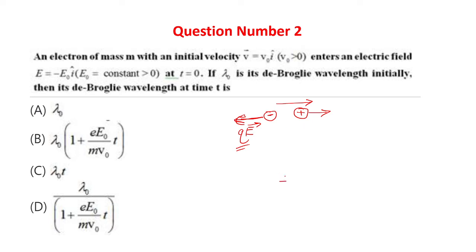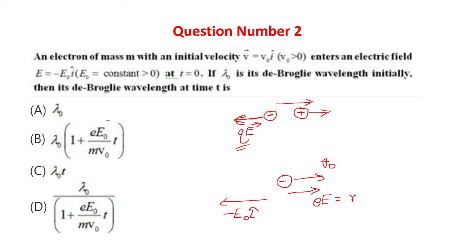So velocity of the electron was already along positive x-axis, whereas electric field applied is along negative x-axis, which means the force on the electron, Q into E, would be opposite to the direction of electric field, and that force would be equal to magnitude of charge, e, into strength of electric field, capital E. So this much force is acting on the electron.